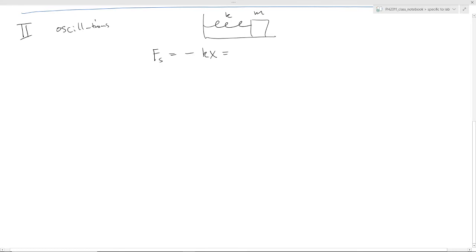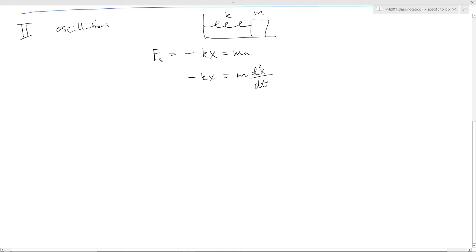And we know from Newton's second law that that force is equal to the mass times the acceleration of an object once you set it in motion and it starts moving, accelerating. And we can just as soon write this acceleration as a derivative. It's equal to the second derivative of x with respect to time.